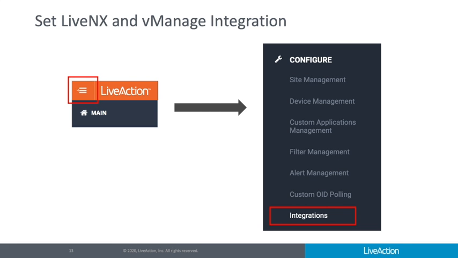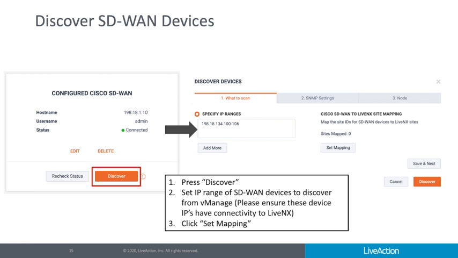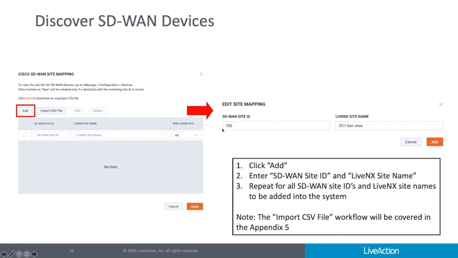And then when it comes to discovering the devices, you leverage the integration option within the LiveNX configuration, and you add the vManage IP and credentials, and then you add the devices that you're interested in monitoring. You can do one device at a time, or you can do a range of IPs, and then you set the site IDs.